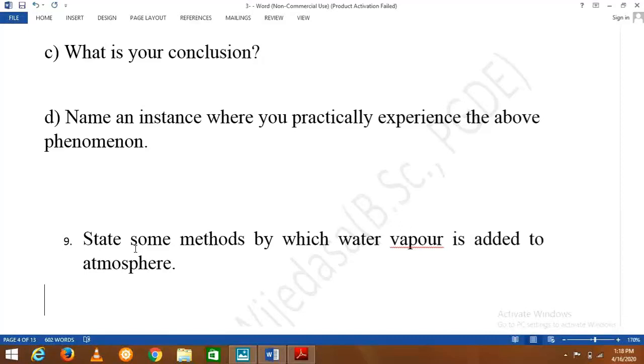There, as it is raining outside, the surface of the shutter or the glass has become cold. Therefore, water vapor inside the vehicle gets condensed on the cold shutter. And that is another practical example to show that there is water vapor in the atmosphere.